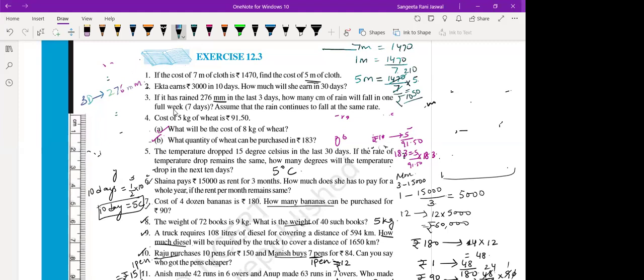Let's not do centimeters now. Just understand the thing and let's keep it as millimeters for now. So in 1 day, how much will it rain? 276 by 3. And for 7 days, how much will it rain? 276 by 3 multiplied by 7.